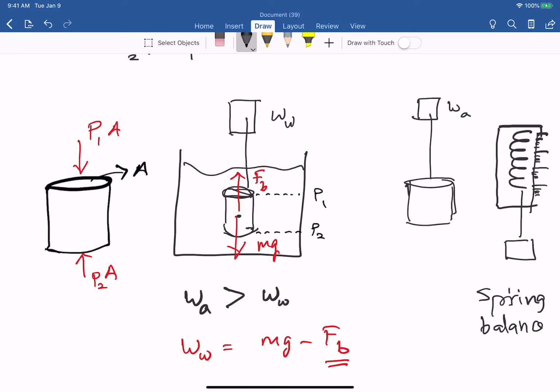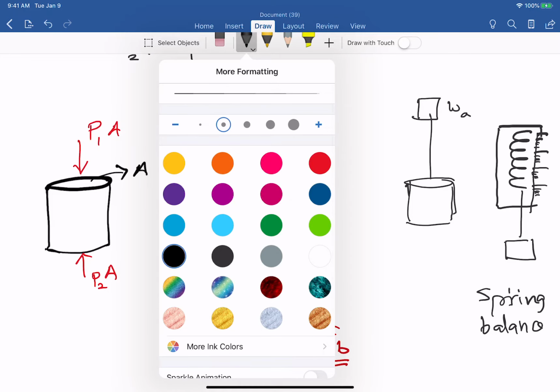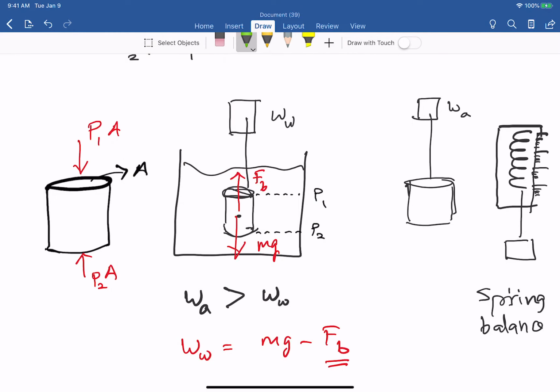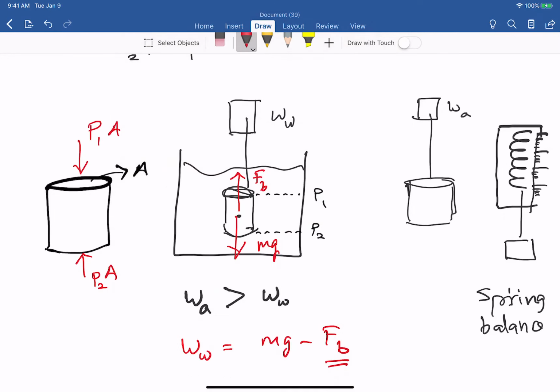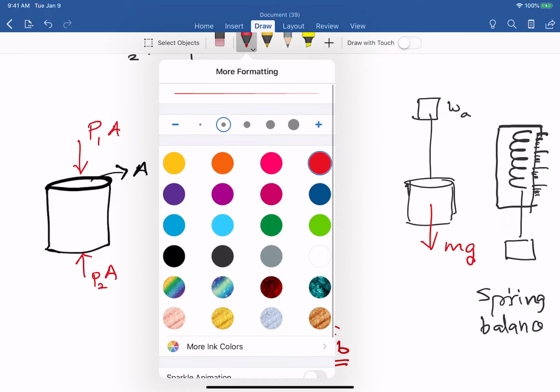So when you're measuring the weight in air, you are actually measuring the true weight of the object, and there is also a buoyant force in air.